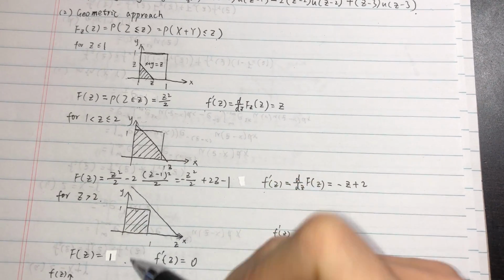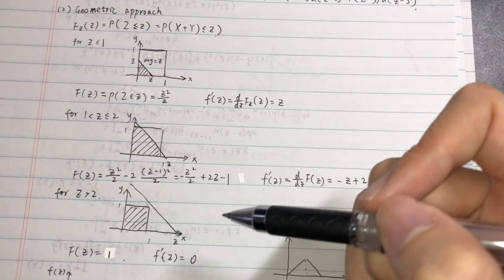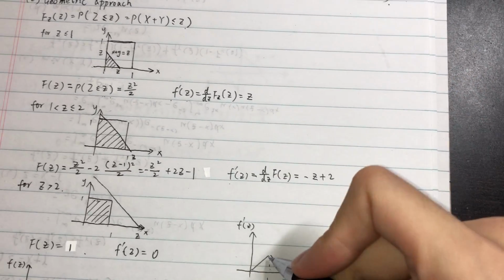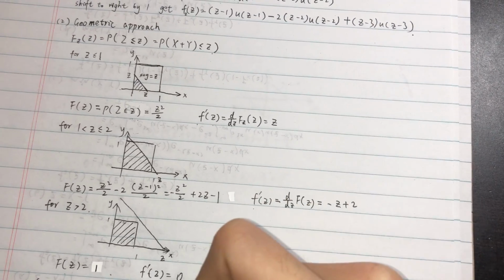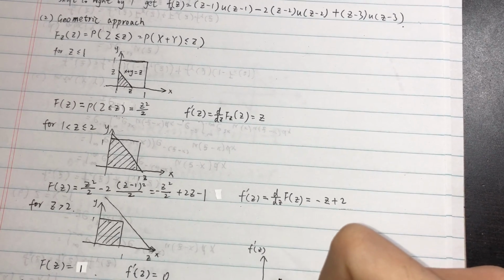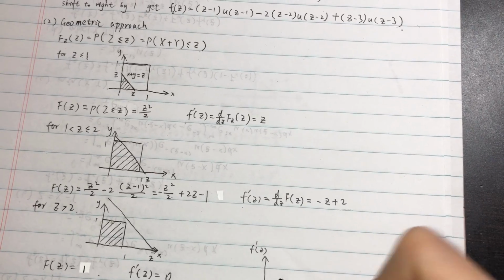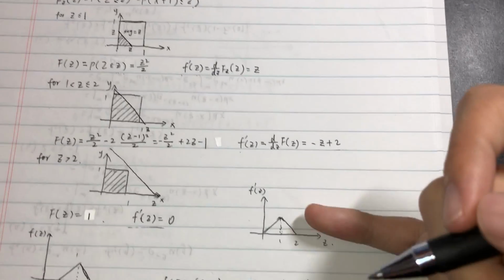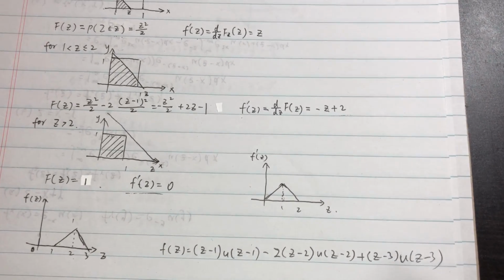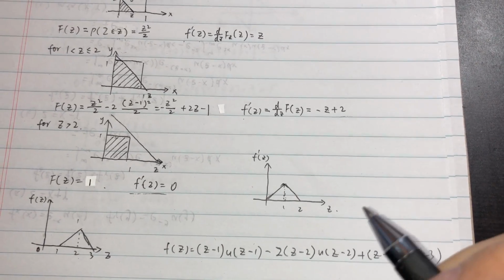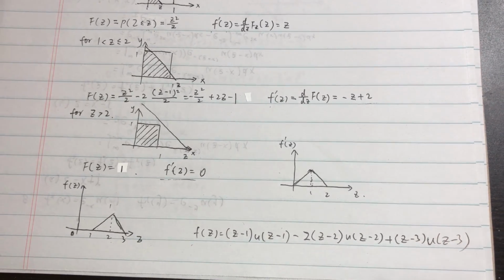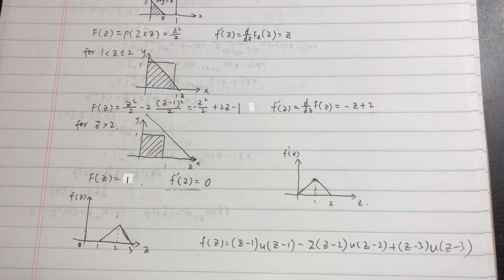All the unit square is included in the shaded area, so fz prime equals 0. Summing all these three results, we can get the diagram of fz prime, which is like this, and I can also shift it to the right by 1 to get the real result of the density function of z, which is this. So this is the solution for question 1.